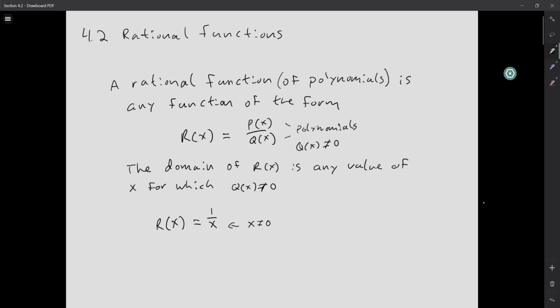But we can see with this easy example that I can plug in any number and get a result as long as the number I plug in is not 0. So I'd say the domain is minus infinity up to 0. We can't include it, and we just skip it. We go to 0 up to infinity.